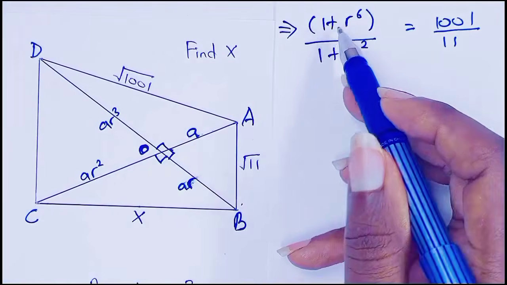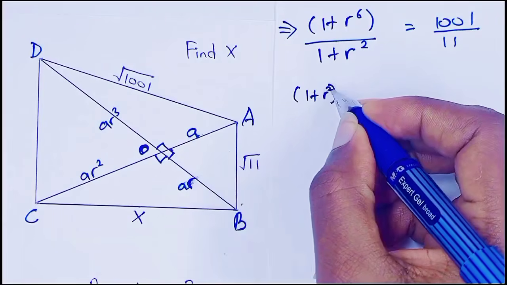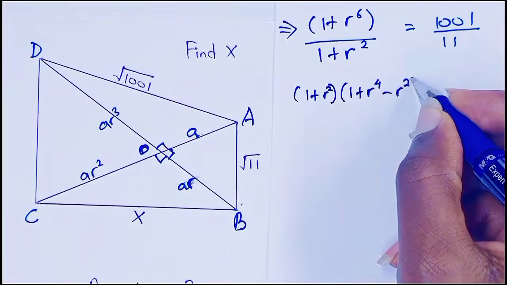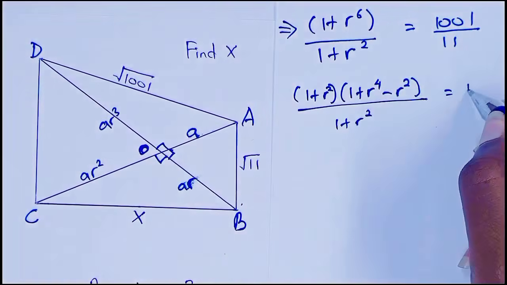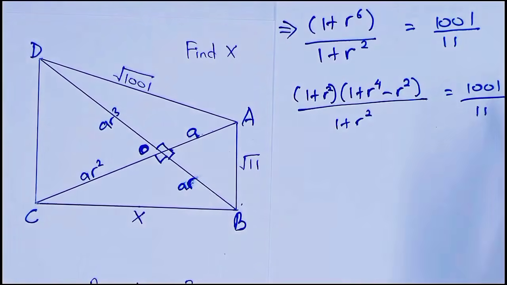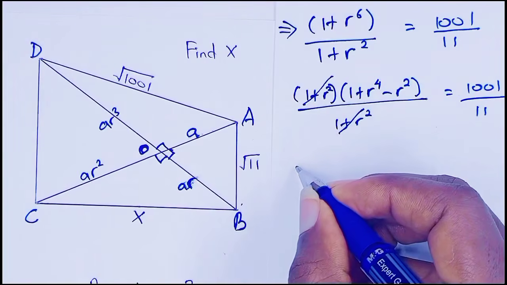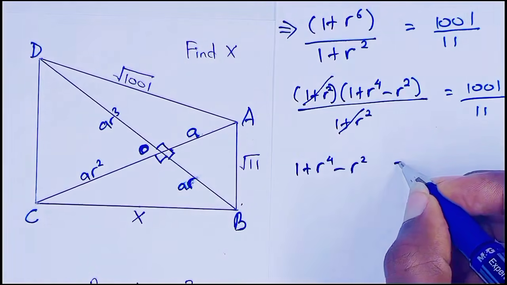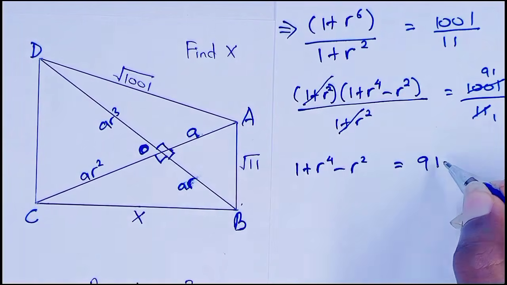If we simplify this, we get 1 plus R squared into 1 plus R power 4 minus R squared divided by 1 plus R squared is equal to 1001 divided by 11. So this cancels with this. So we shall be left with 1 plus R power 4 minus R squared being equal to 91.